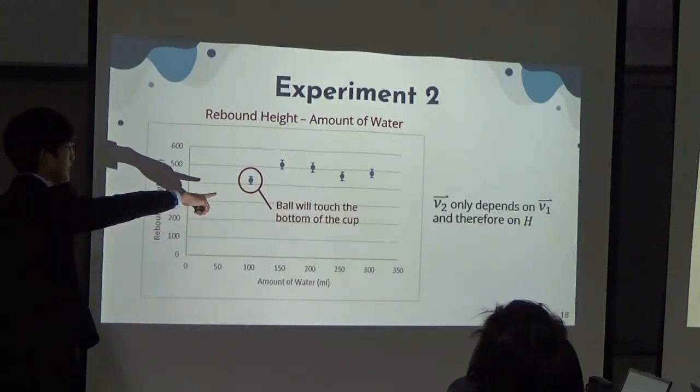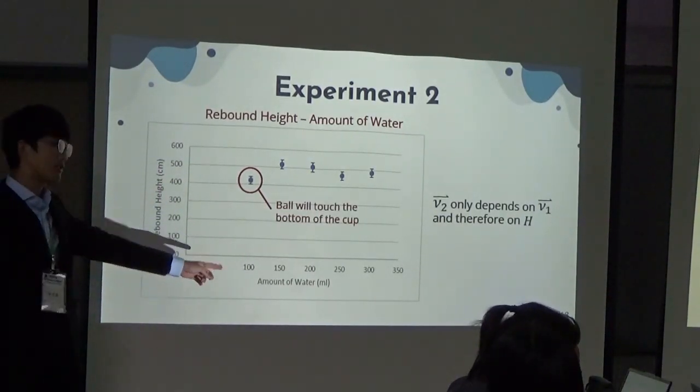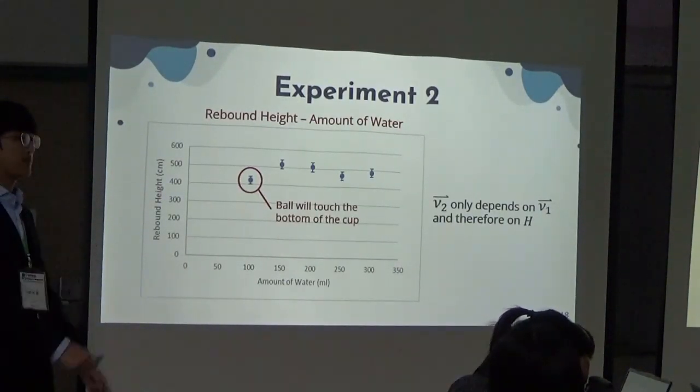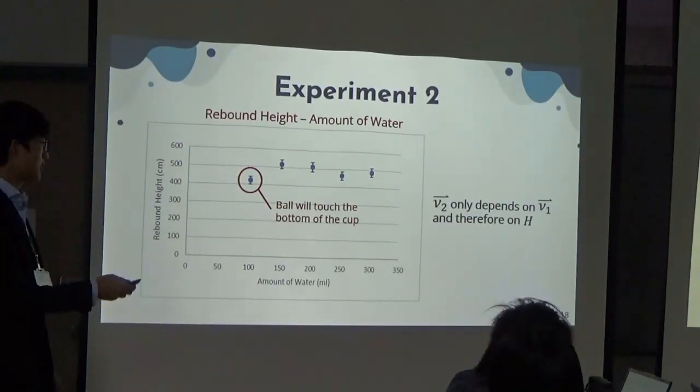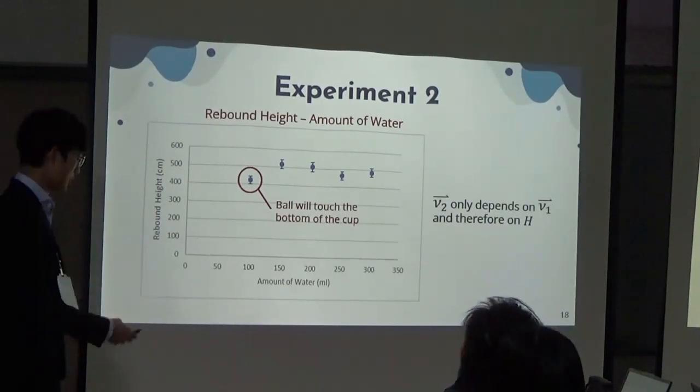For this point, there is a decline, because when the amount of water is only 100 milliliters, the ball will touch the bottom of the cup, and therefore get another external force acting on it.